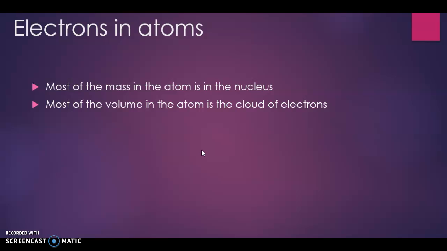Obviously this is not how big an atom is, but if we blow it up and think about the amount of space occupied compared to the nucleus and where the electrons are, that is how much volume it can take up. So pretty amazing stuff for something so teeny tiny.